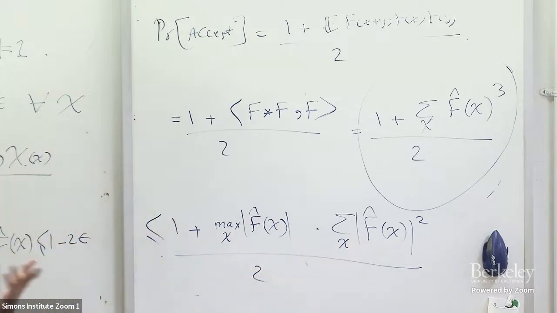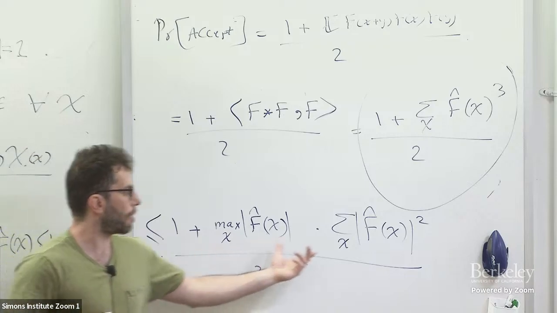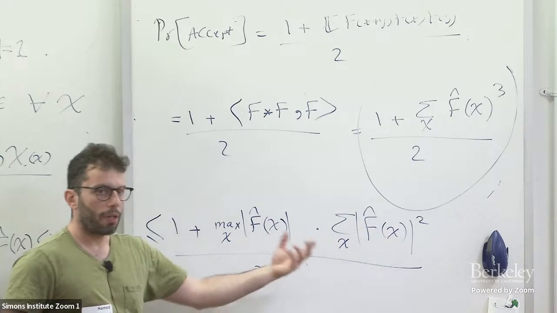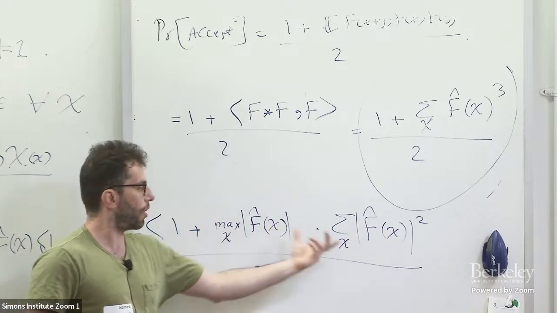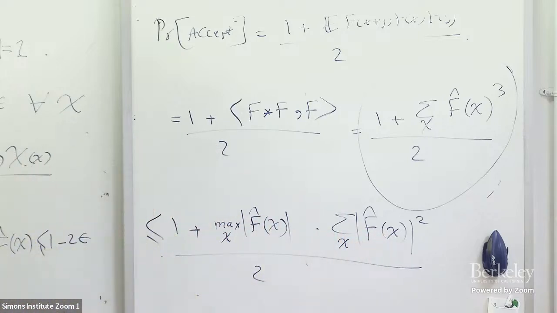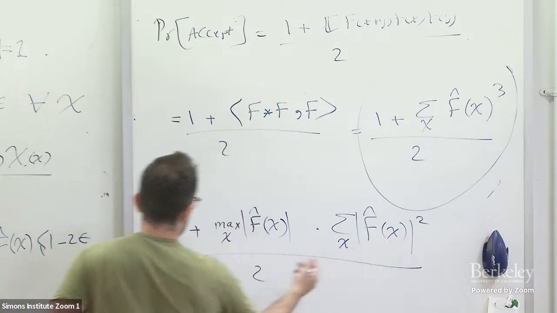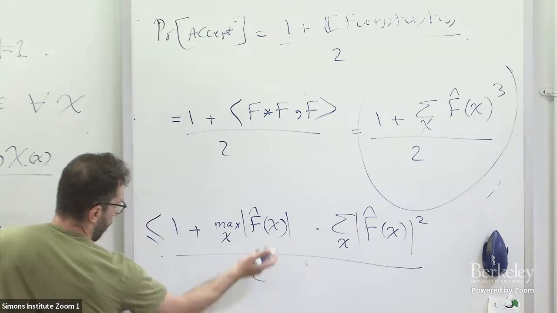This is a pretty common trick when dealing with Fourier coefficients: if you want to bound things, you pull out the maximum so that what's left is the L2 part. Now you can do Parseval there.